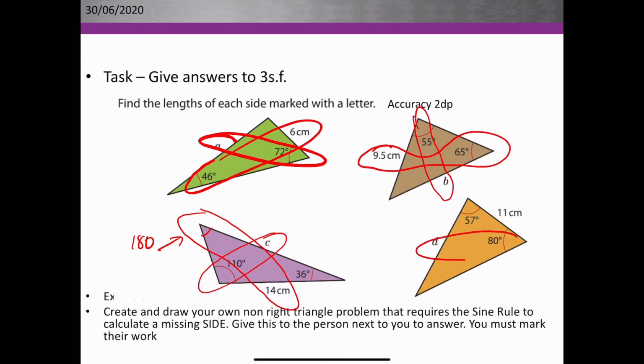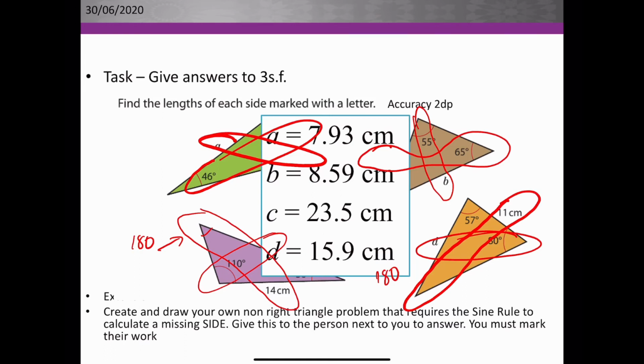Same again here: angles in a triangle add up to 180. So 180, take 57 and take 80. Your answers should be 7.93, 8.59, 23.50, I imagine, and 15.90. It should be two different places, so apologies.